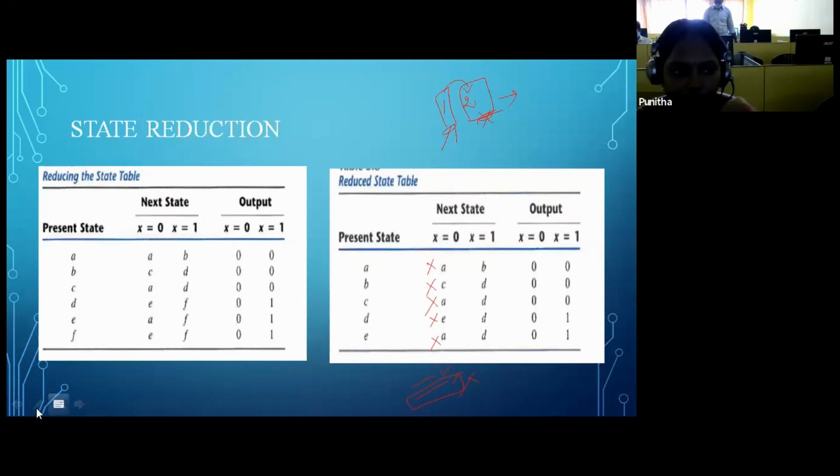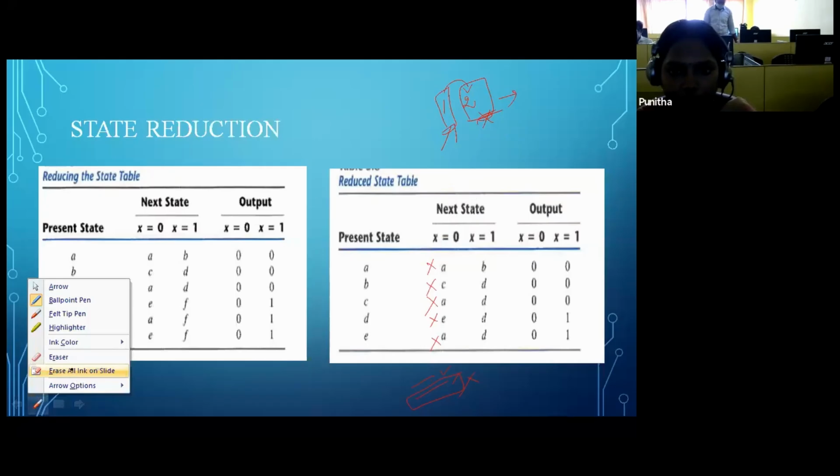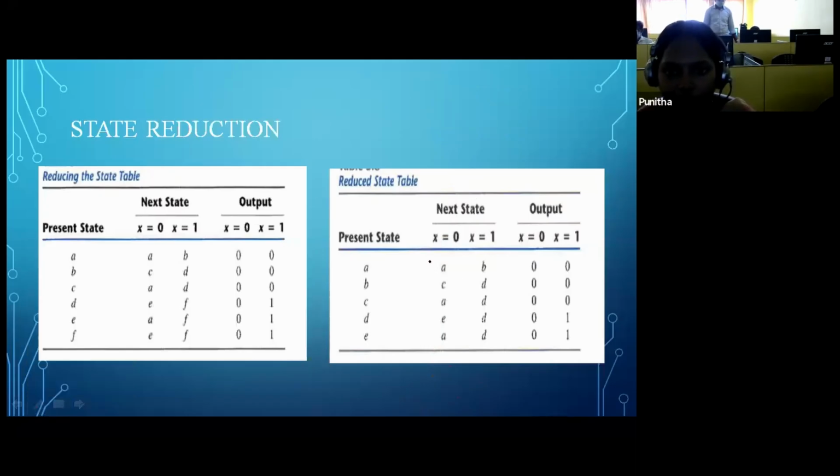Here all the states have their own individuality, so I can't reduce the state here. I should not delete any state here. From this I'm concluding that from 5 state I can't reduce to 4 state, because if any state were repeating, at that time I would cancel it, and then I could say I got the 4 state.